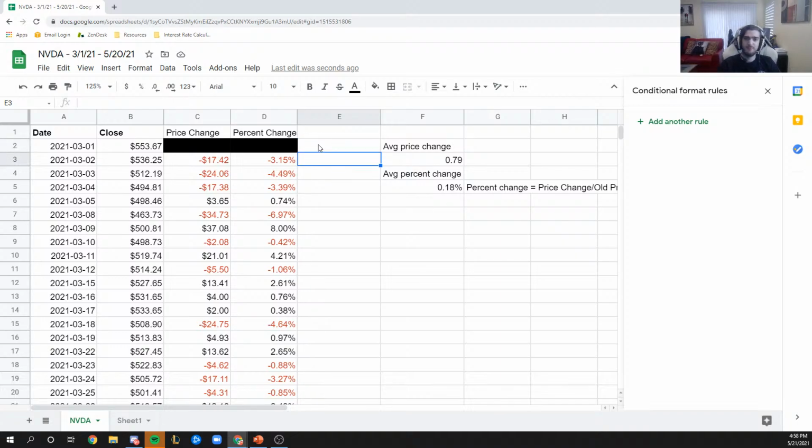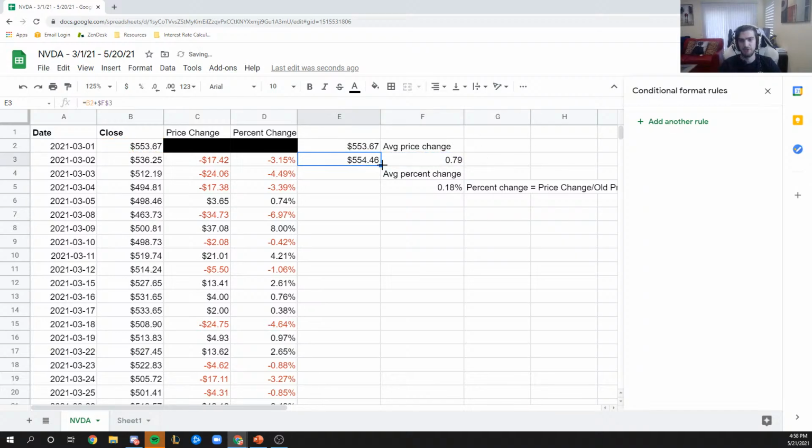So let's pretend that instead of the stock price going up and down with changes, let's make a straight line where our first price was the original close price, and then we're going to take the old price and add our 79 cents. But wait, we don't want the 79 to change. So we're going to lock it using our $ sign and $ sign.